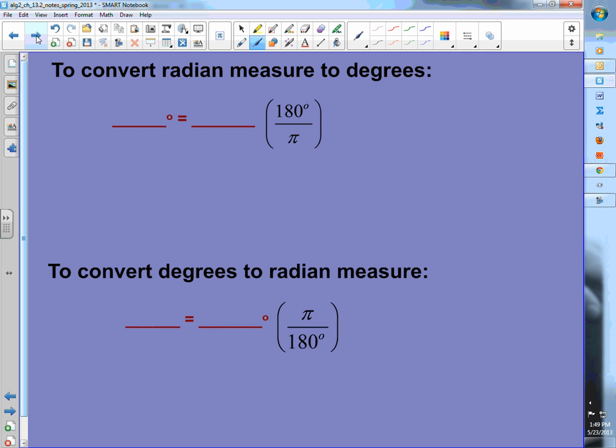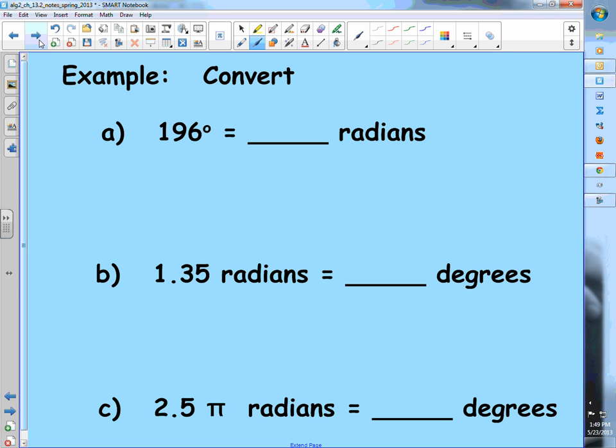Okay, so you have 196 degrees, you have 1.35 radians, you have 2.5 pi radians. I want you to convert this one to degrees, this one to radians, this one to degrees, and this one to degrees.